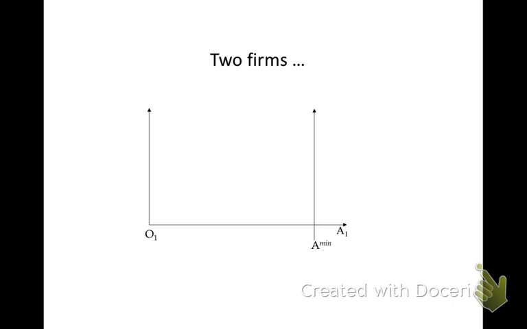And what about O1? Suppose that firm 1 doesn't abate, and the target is reached by firm 2 alone. Okay? So we can think that this O1 is also A min if firm 2 abates at this level.